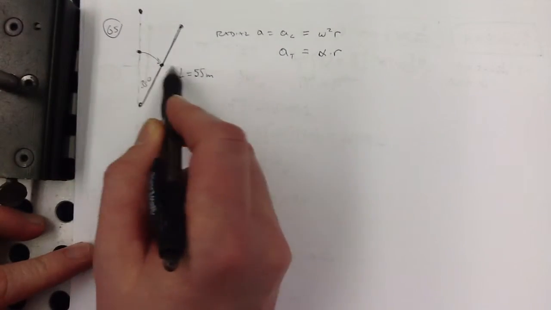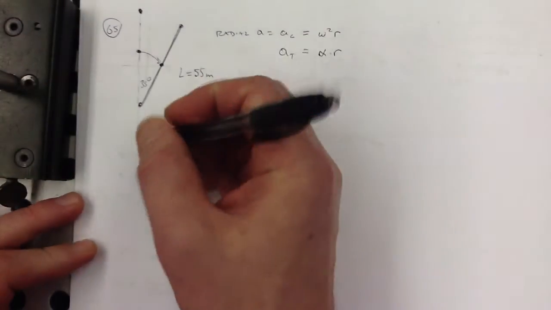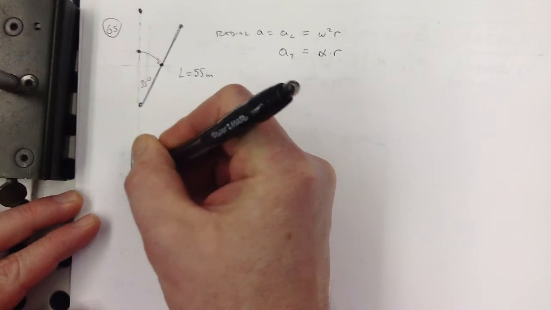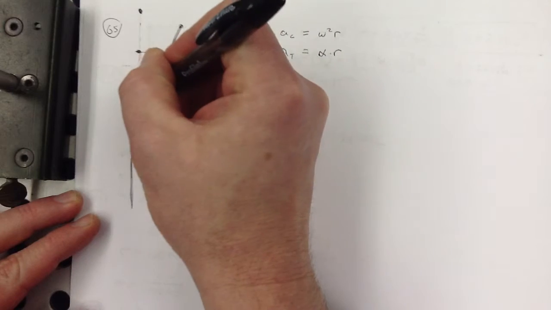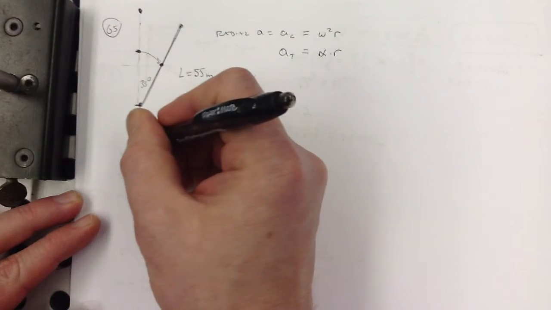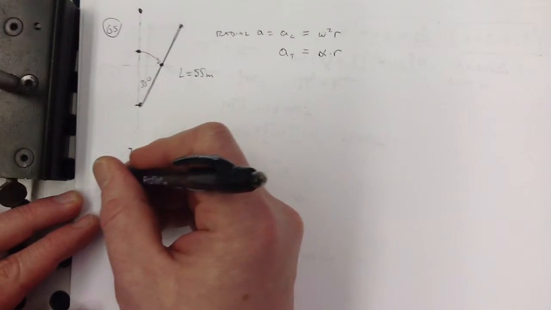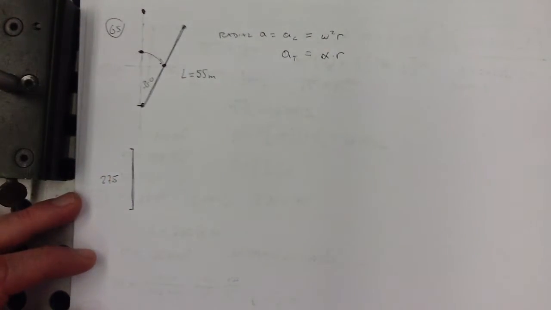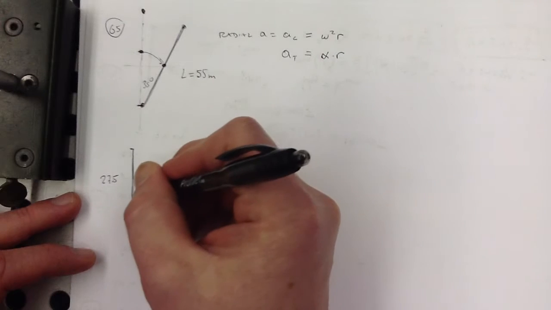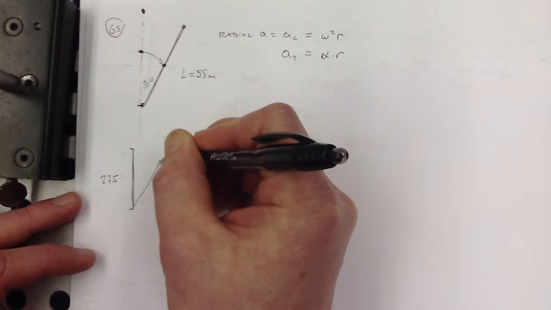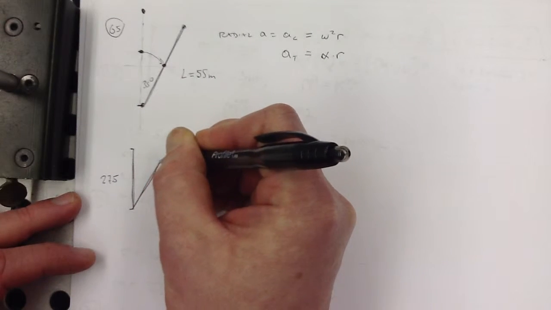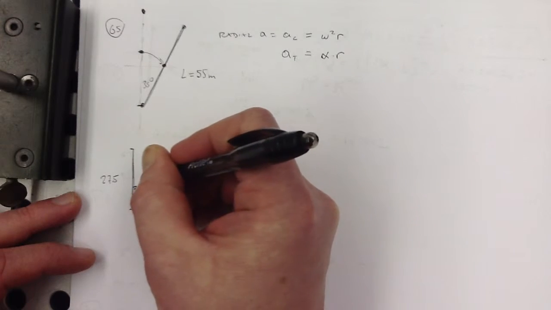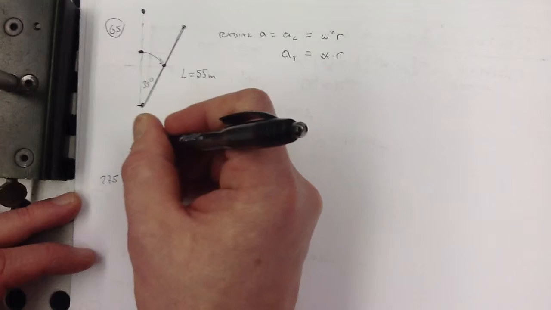Okay, so let's see if I can figure out what that delta H is. This is a geometry problem that we've seen before. I know that this distance right here, from here to here, is half of the length of the chimney. That would be 27.5. And then it rotates 35 degrees. And I'm interested in this distance right here.